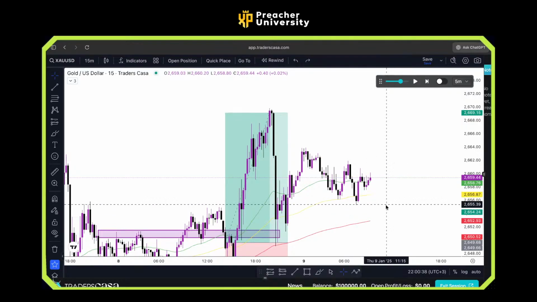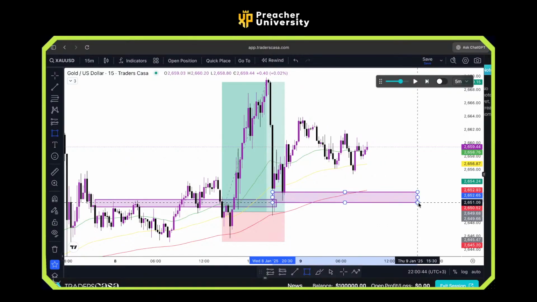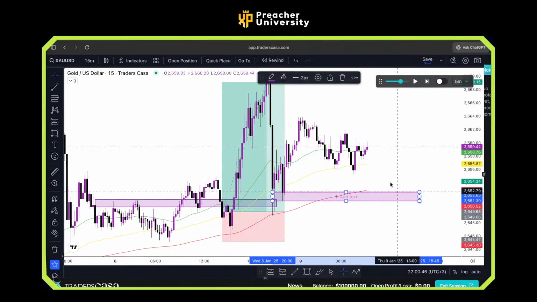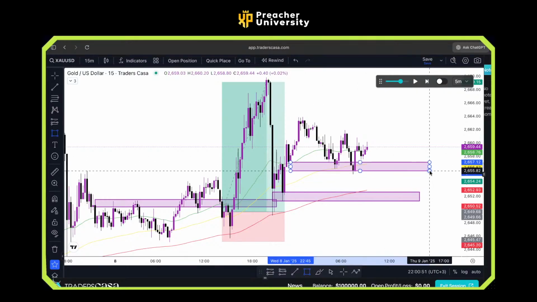What I want to do is first ascertain what are my places of support, since now I'm looking for buys. Okay, there's that place right there. There is a zone right here.